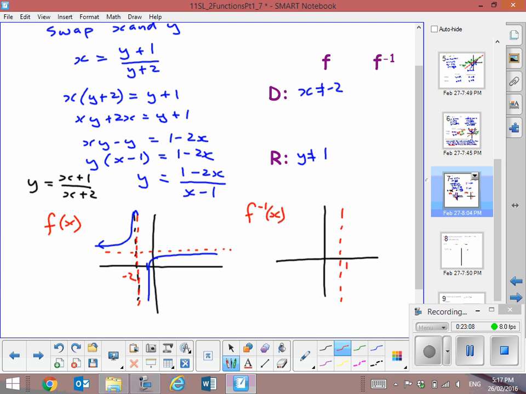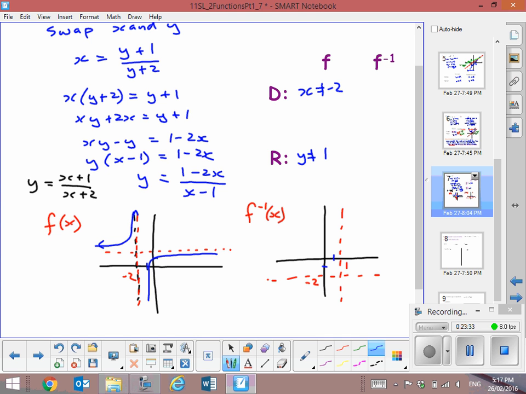So we've got minus 2 down here. Minus 2. When x is 0, we're at minus 1. When y is 0, we're at a half.